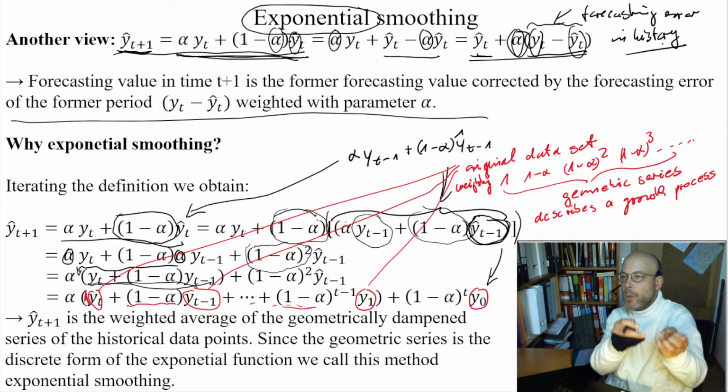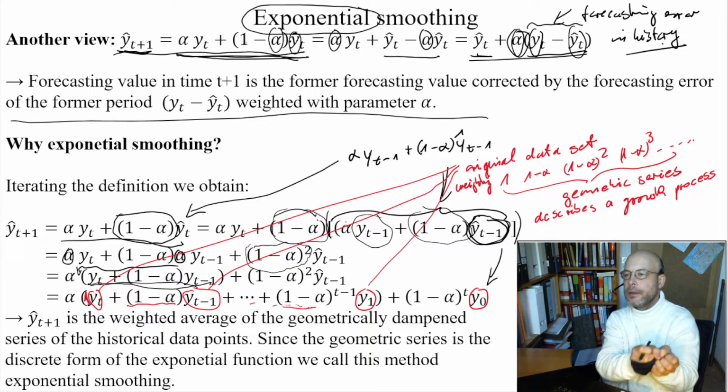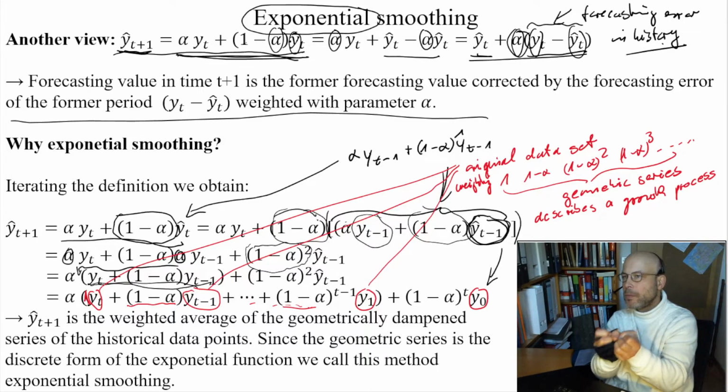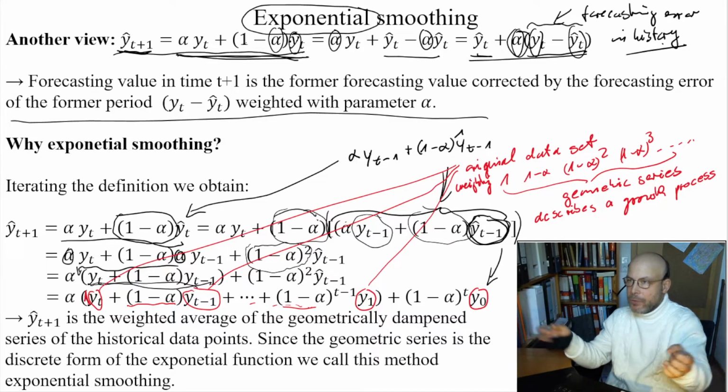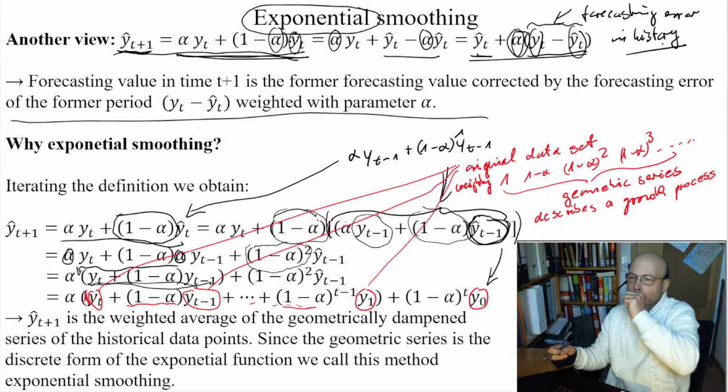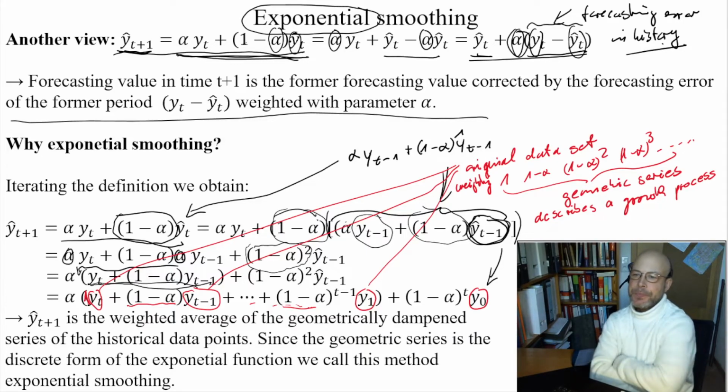And when we go from discrete time, t equals 0, 1, 2, 3, 4, 5, 6, 7, to continuous time, this will go to our exponential function.